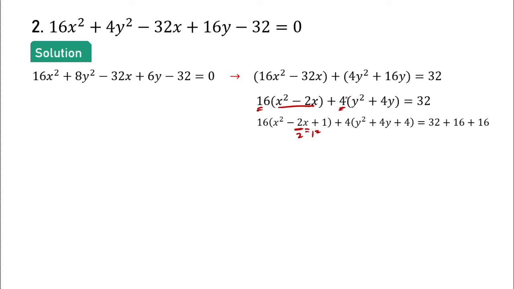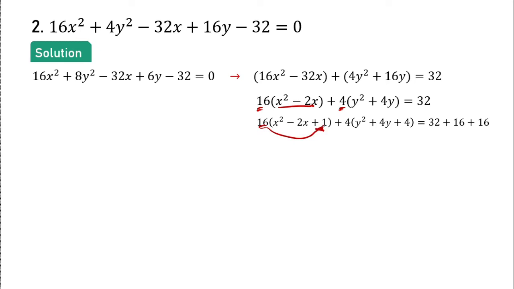That's how you complete the square. Here, 4 divided by 2 is 2, squared gives us 4. That's the technique in completing the square. Equals 32. So why is there a 16 here and here? Because the 16 here is multiplied by the 1 that we added.